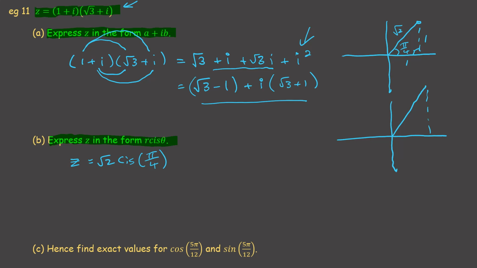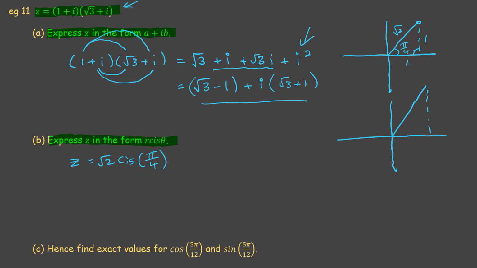So that's √4, which is 2. And the inverse tangent of 1 over √3 gives us that this one is π/6. So that is going to be 2 cis π/6.